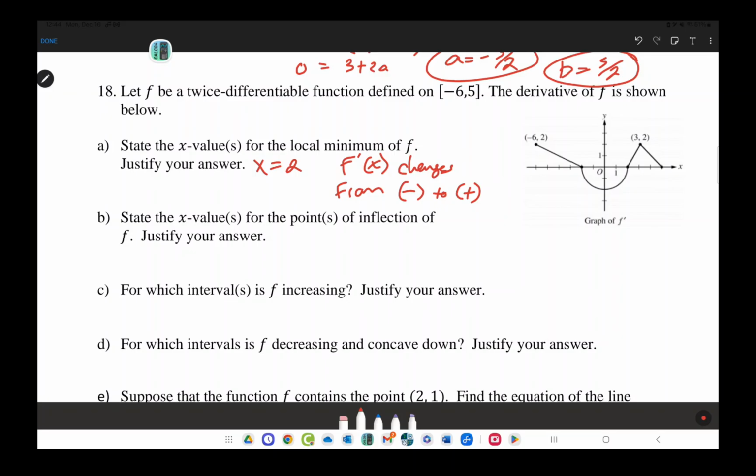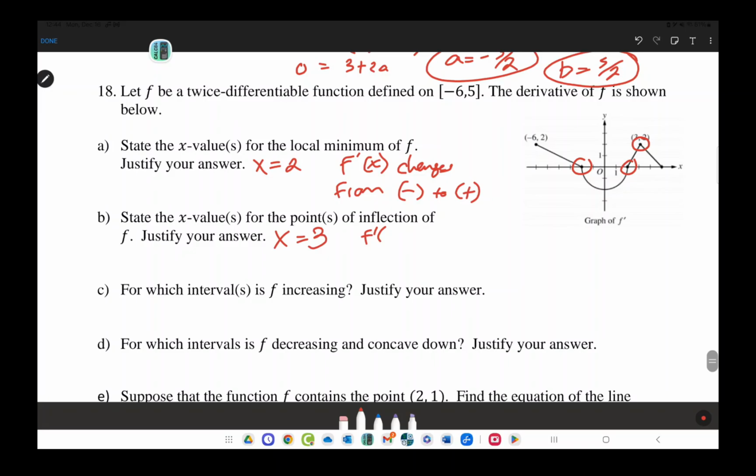We have 3 points where the function is not differentiable: here, here, and here. Only at one of these does f prime change from increasing to decreasing. Which one is that? At 3. So x equals 3.